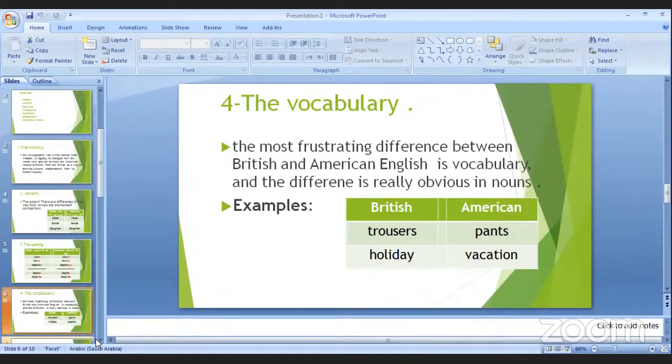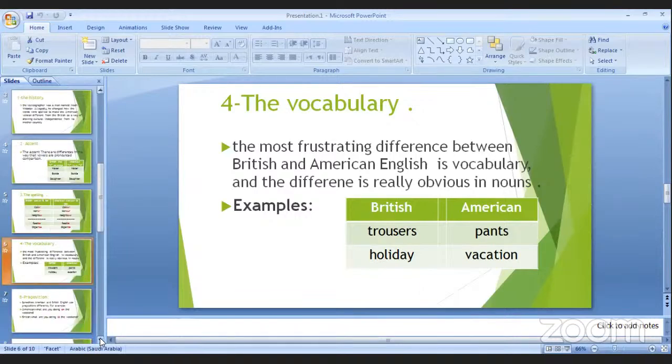Sometimes we don't know exactly what another English speaker is talking about because we use different words for the same thing. In those situations, we usually try to use the context of the sentence to understand what this new word is.